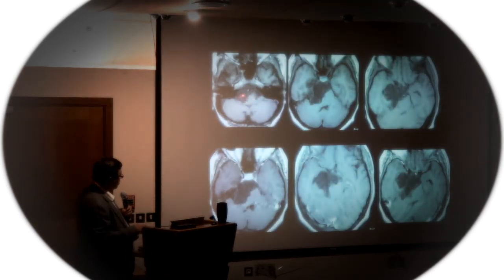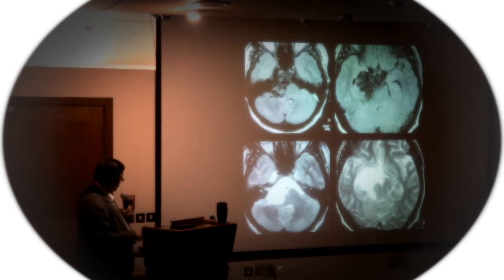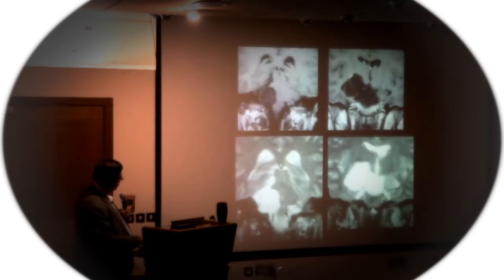So the tumor starts low down at the level of the medulla, goes to compress the pons, goes to compress the brainstem, goes through the tentorium, and goes up. So here you are. So it went up into the temporal area.